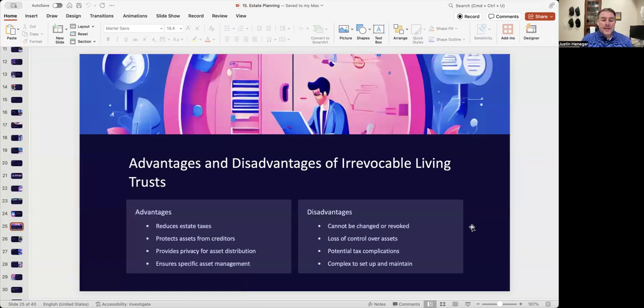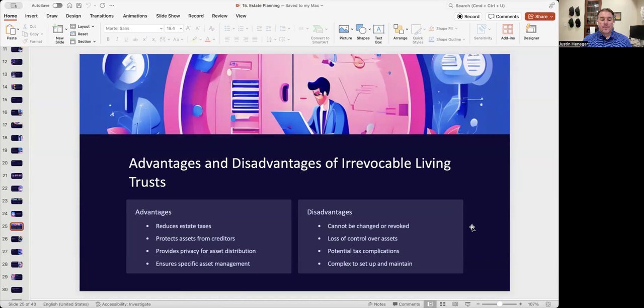So, some advantages and disadvantages of irrevocable trusts. It can reduce estate taxes because, again, these assets are outside of the estate. It can protect assets from creditors. It can provide privacy for asset distribution. And it can help ensure specific assets are managed in the way of the grantor. The disadvantage is once that decision is made and the assets are placed in an irrevocable trust, it can no longer be changed.